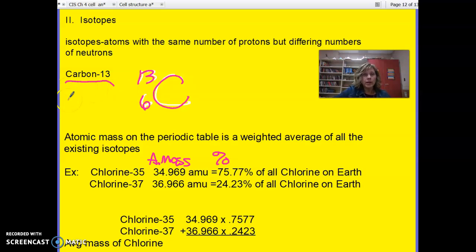The correct way to write isotopes is to say carbon 13, which indicates the carbon atom that has an atomic mass of approximately 13. When we write the symbol of isotopes, we represent the atomic mass and the atomic number. So this is carbon 13.